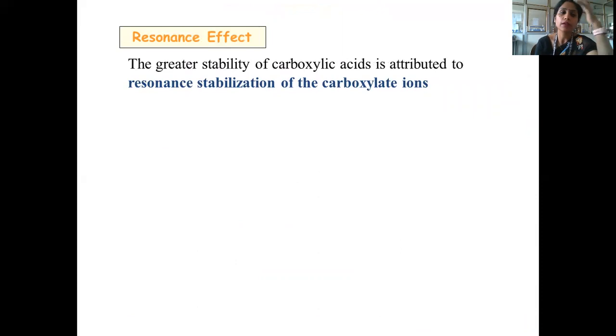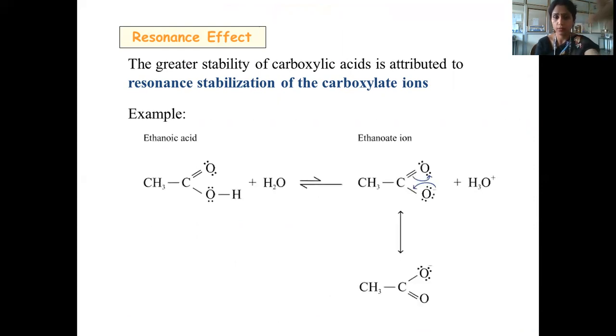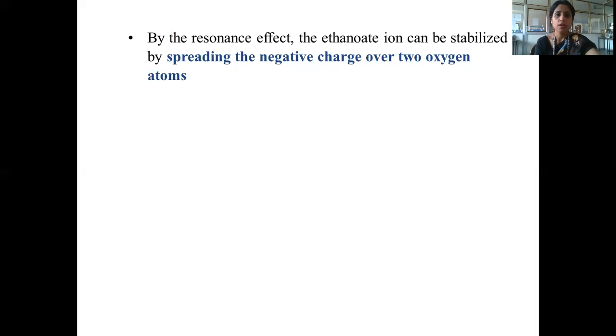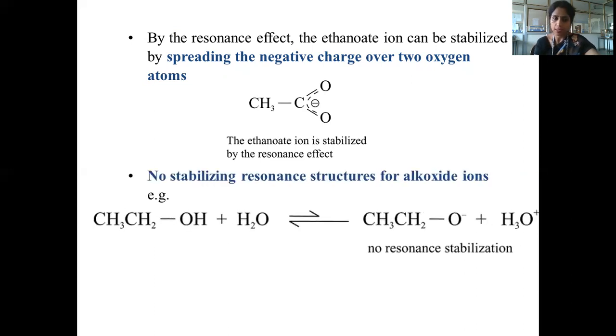The next important parameter is the resonance effect, which affects the reactivity of carboxylic acids. The greater stability of the carboxylate ion is attributed to resonance stabilization. You can see in the figure how the carboxylate ion, because of conjugation and resonance, is getting stabilized. By the resonance effect, the ethanoate ion is stabilized by spreading the negative charge over 2 oxygen atoms.